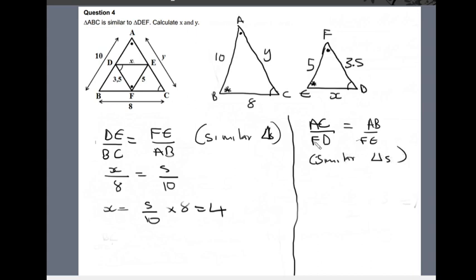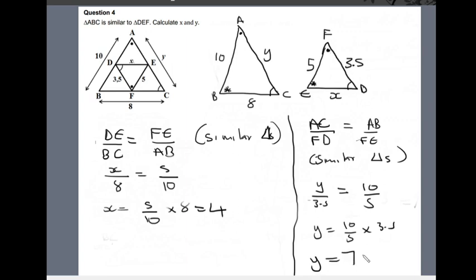And then here AC is y, FD is 3.5, AB is 10, FE is 5, right? So y will be equal to 10 over 5 times 3.5. On your calculator that is 7. So y will be equal to 7.